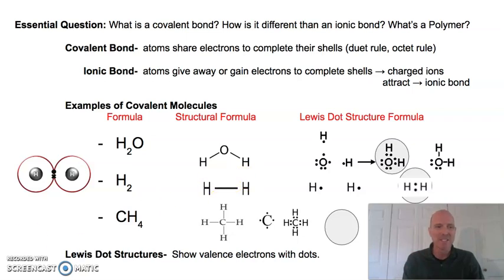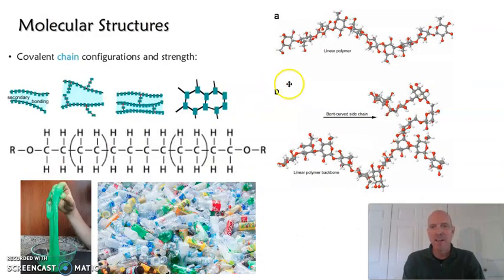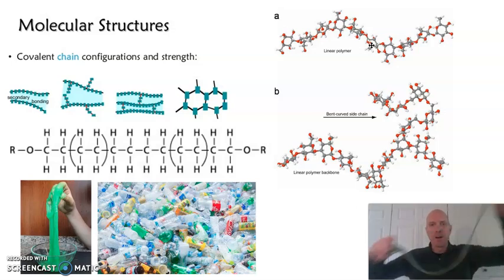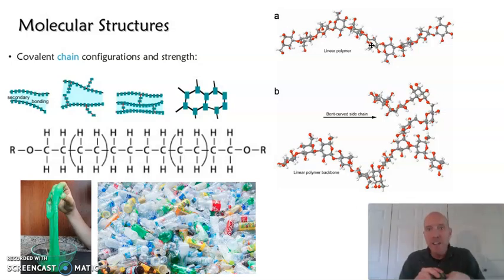But lastly, just to round it out, some of these chains of covalent molecules can get to be thousands and thousands of atoms long. I call them spaghetti molecules, and that is what is a polymer. That's why you can do this kind of thing. And it can be very useful, and it can be an environmental problem too.